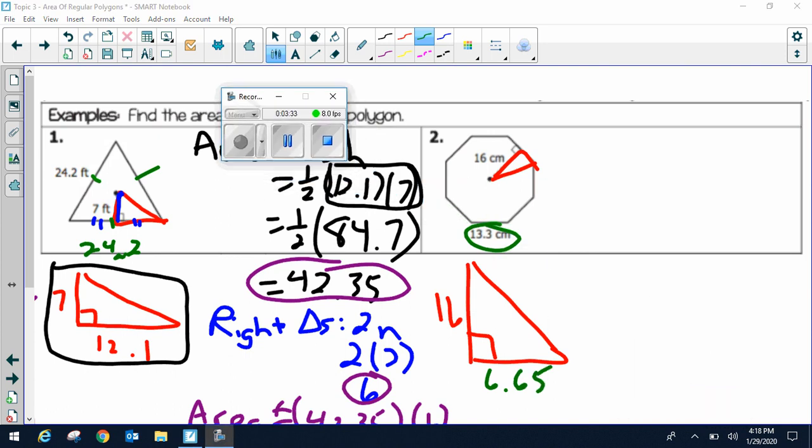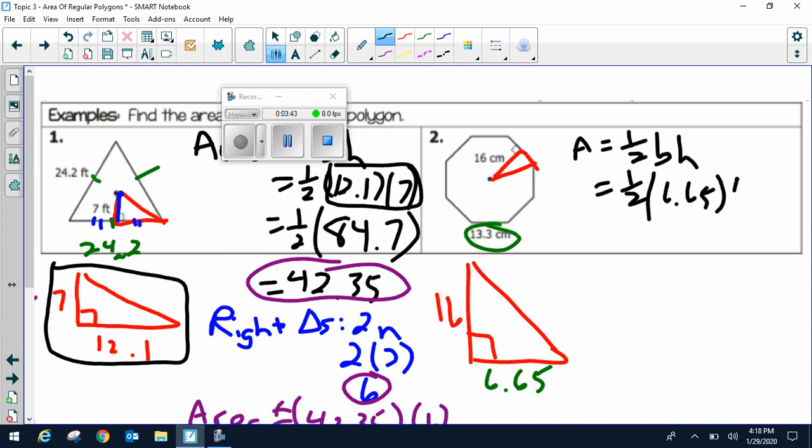So once you get that, you're going to do the area of the triangle. So area equals 1/2 base times height. The base is 6.65. The height is 16. So 6.65 times 16 first gives me 106.4. Divide that by 2.